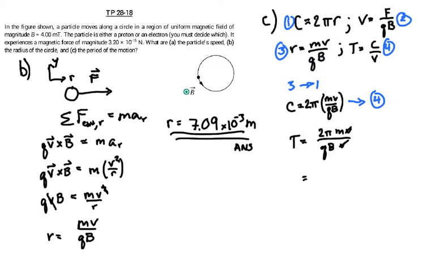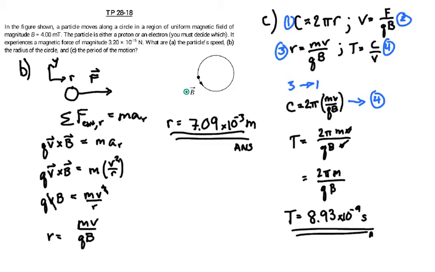So the period of our motion reduces down to 2 pi times the mass of our electron divided by the charge times the magnitude of the magnetic field. Plugging in, we get 8.93 times 10 to the negative 9 seconds. That's 8.93 nanoseconds. Now that's moving pretty quick.